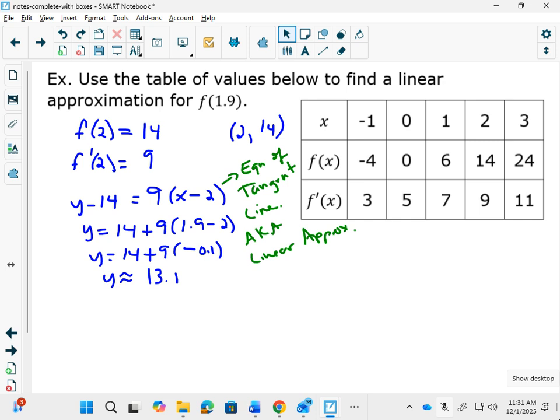It's truly a 1 in 4 if you're guessing. So they like these questions for multiple choice because you either know how to do it and will get it right, or you're going to guess and have a 1 in 4 chance.